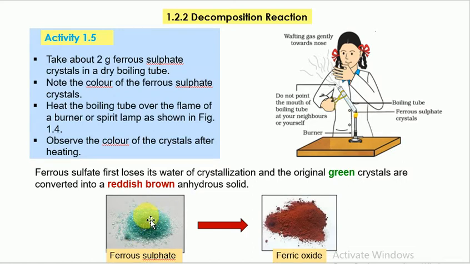When ferrous sulfate is heated, what happens? It turns into ferric oxide. Ferrous sulfate loses water of crystallization, and the original green crystals are converted into a reddish brown anhydrous solid, ferric oxide.